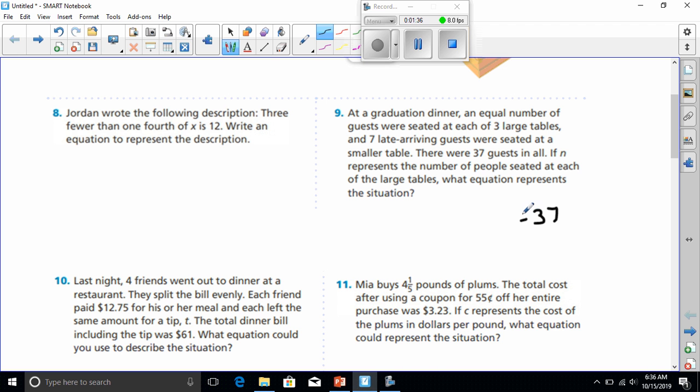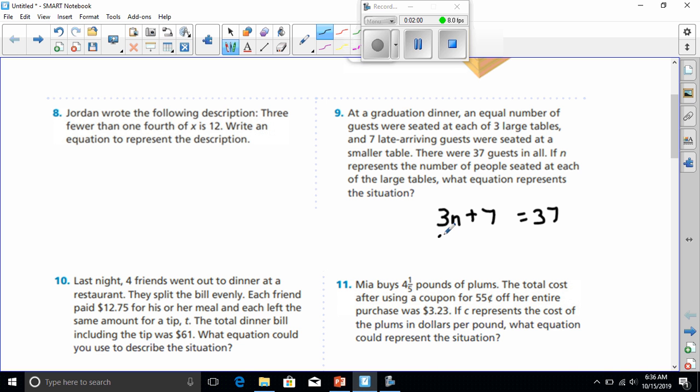people total. We also know that there were 3 large tables, and there were 7 guests. So let's see. If n represents the number of people seated at each table, we would have to multiply 3 times n. And then if there are 7 more guests, we'd have to add 7. So we'd have the equation 3n plus 7 equals 37.